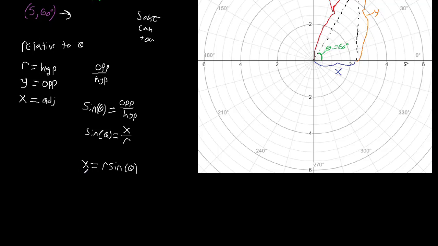So going back to our example here, our x coordinate is going to be equal to r, which is going to be 5, times the sine of, in this case, our theta here is 60 degrees. Be consistent in our stuff here. All right. So our x is going to be 5 times the sine of 60 degrees.